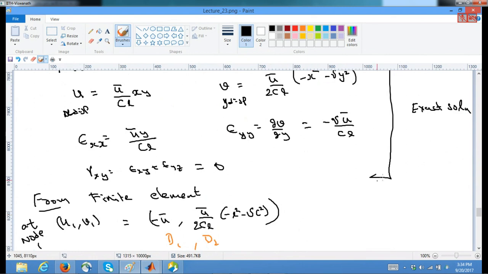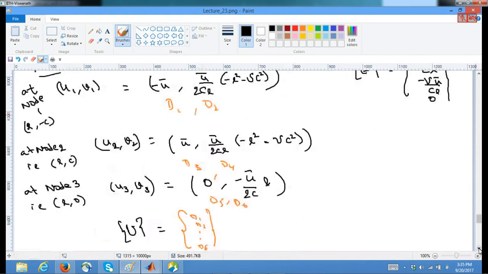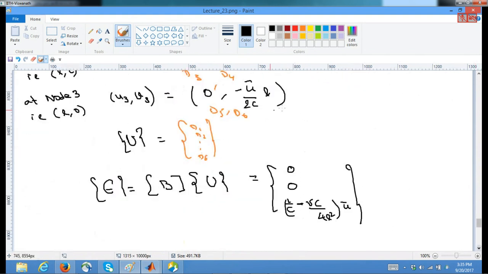Anyway, let me write from the exact solution. My epsilon was coming to be u bar y by CL minus u bar by CL at 0. This is your exact solution. Now if you look at the epsilon from CST, this is quite different.